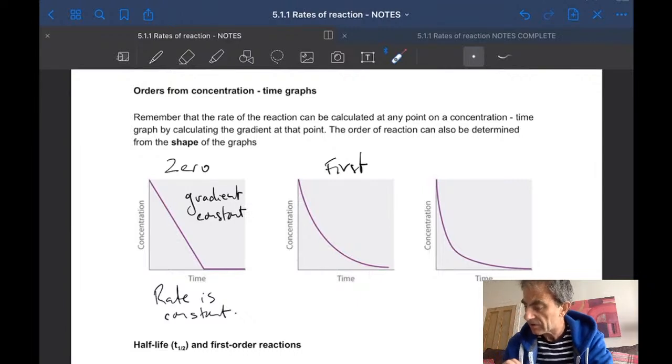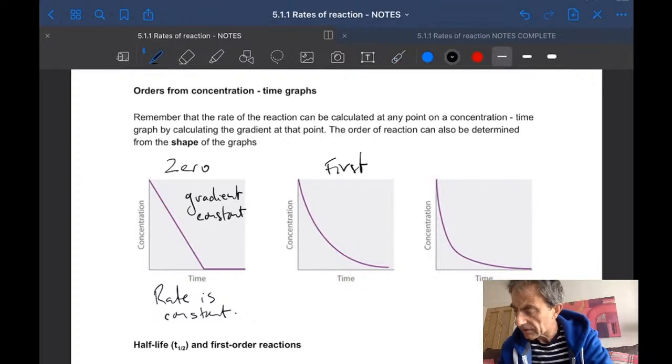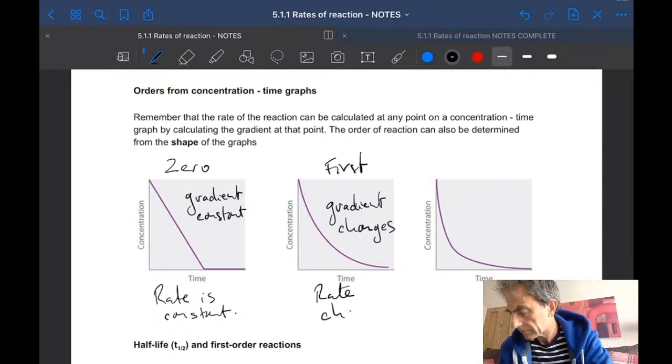So the rate is changing with concentration. So it's definitely not 0 order. We'll say gradient changes. It changes in a special way, and you'll see in a second what that is. Rate changes, gradient changes.